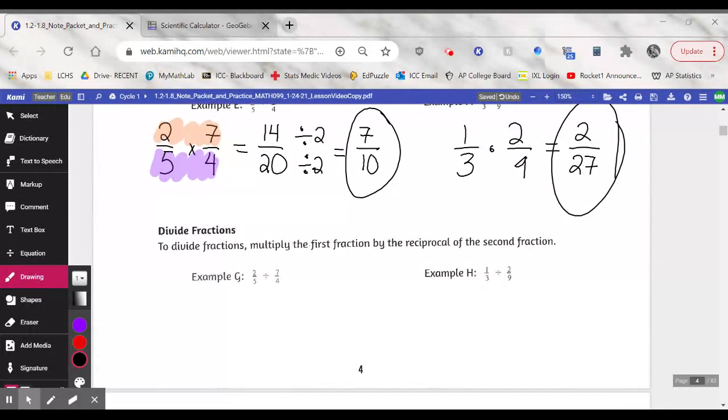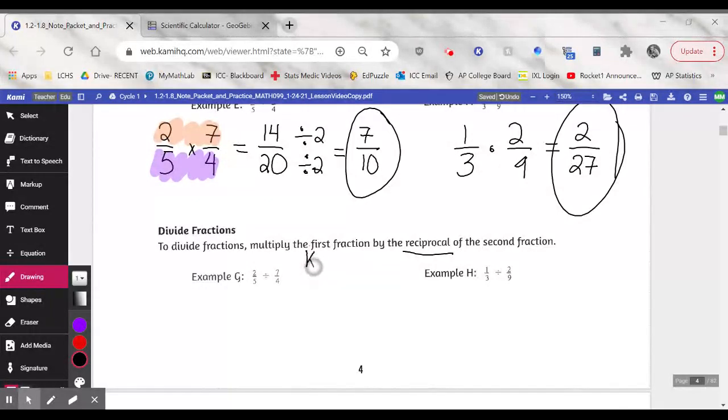Okay, we're dividing fractions. It says multiply the first fraction by the reciprocal of the second fraction. So reciprocal just means the same fraction, but you flip the numerator and the denominator.